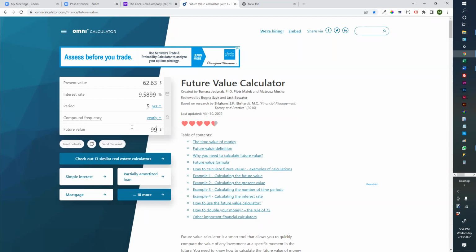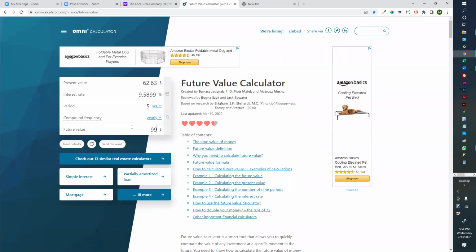So all investments eventually are compared with other opportunities.